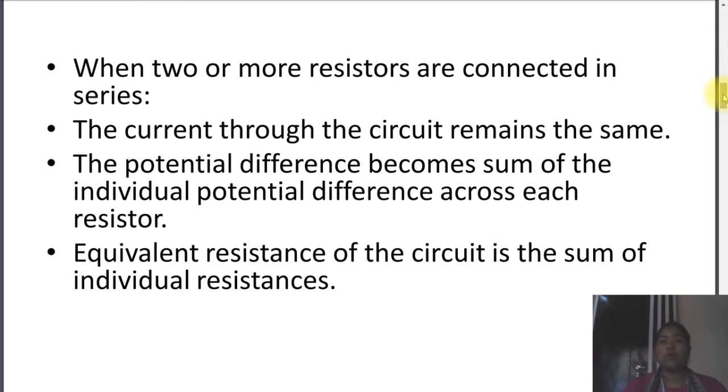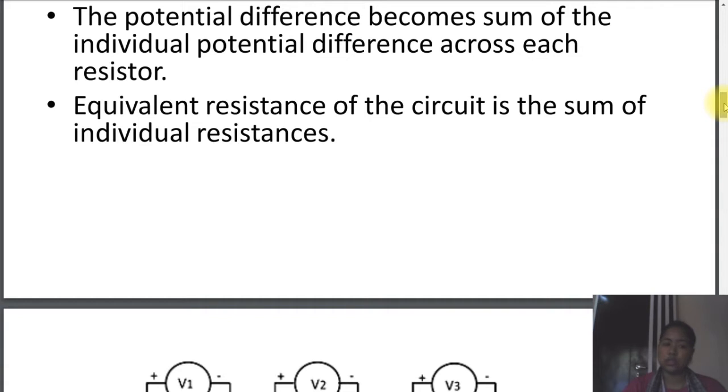Now, if we give a potential of 10 volt, then this 10 volt will be individually distributed among the resistors, the number of resistors that we included in our electrical circuit.